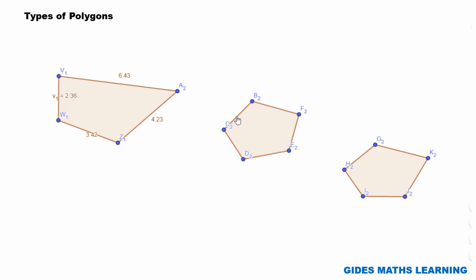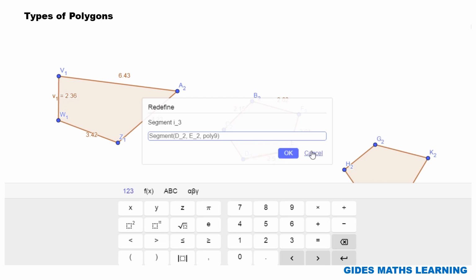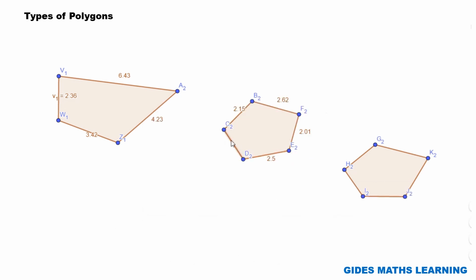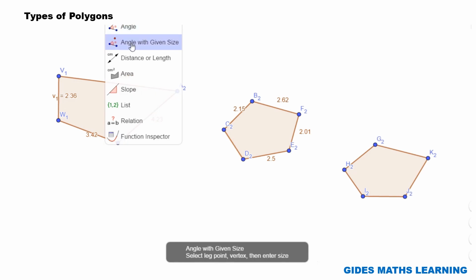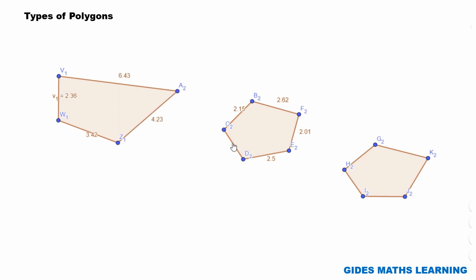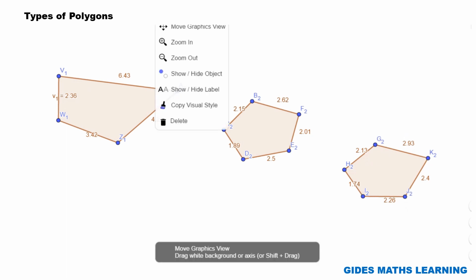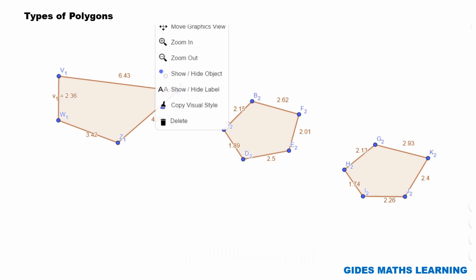Okay, it's 2.15. So you notice that the sides of an irregular polygon are not the same in length as compared to that of the regular polygons.